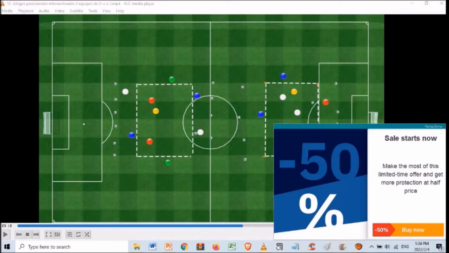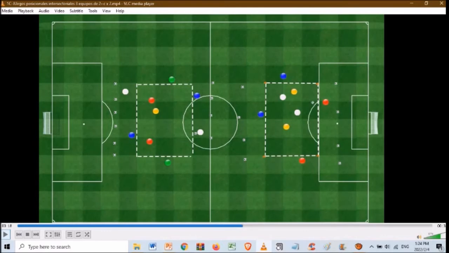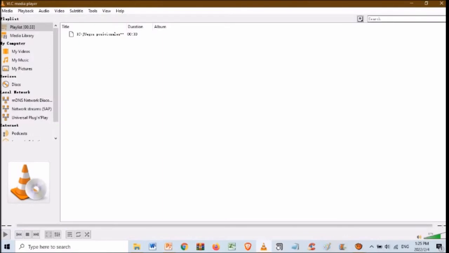So this is again another exercise where we're going to be working on the structure through a type of rondo, a positional rondo, okay? Where immediately after we lose the ball, we have to reorganize. Immediately after they gain the ball, we have to reorganize again, okay? And of course, as I said before, focusing more on micro principles, and all these type of things, okay?